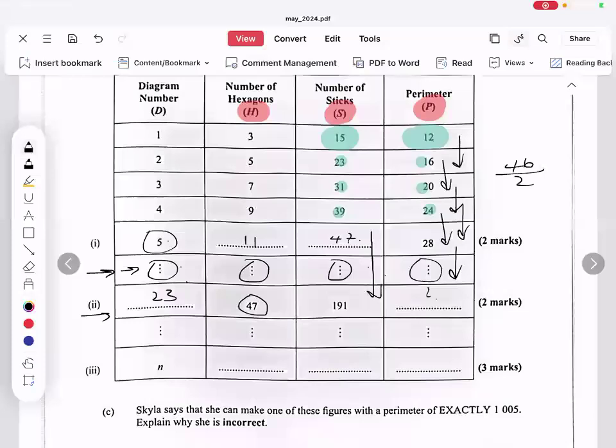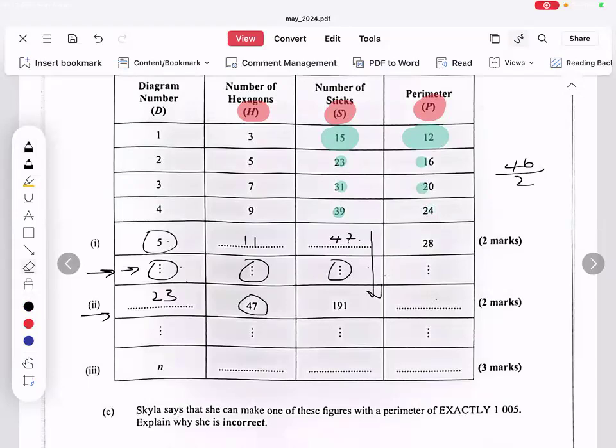All right. So question now. 5 times 5 is 25, 5 plus 25, 3 is 15. Not gonna work. All right. So we need to figure out one pattern now. Sir, what I did, I added the perimeters, and when I added everything, I got 96, and I added the 4 and got 100. So you add the 12 and the 16 and the 20 and the 24 and 28.